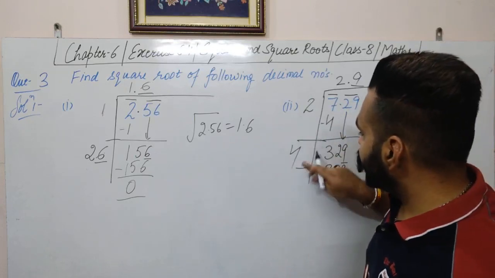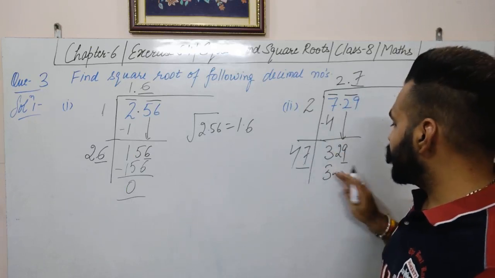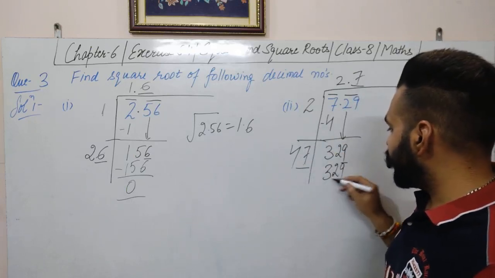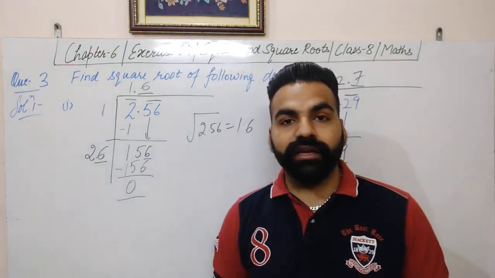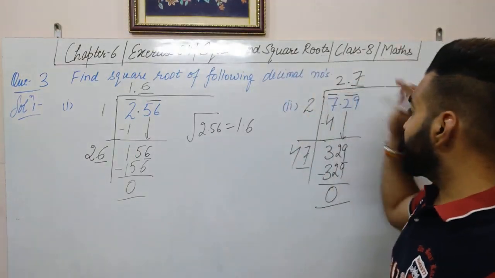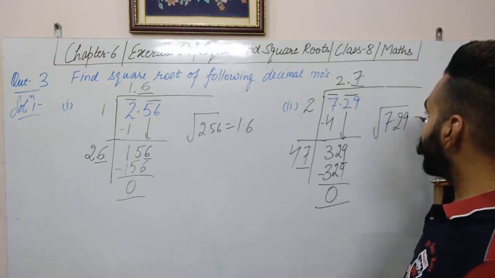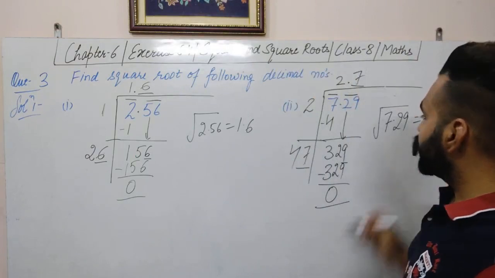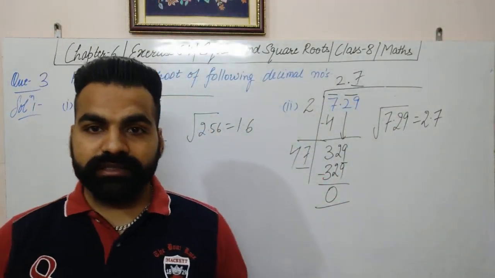Sorry, if we take 7 here and 7, the answer will be 329. So the result will be 0. And whenever the remainder is 0, the quotient at that point is the square root of that number. So the square root of 7.29 is 2.7.